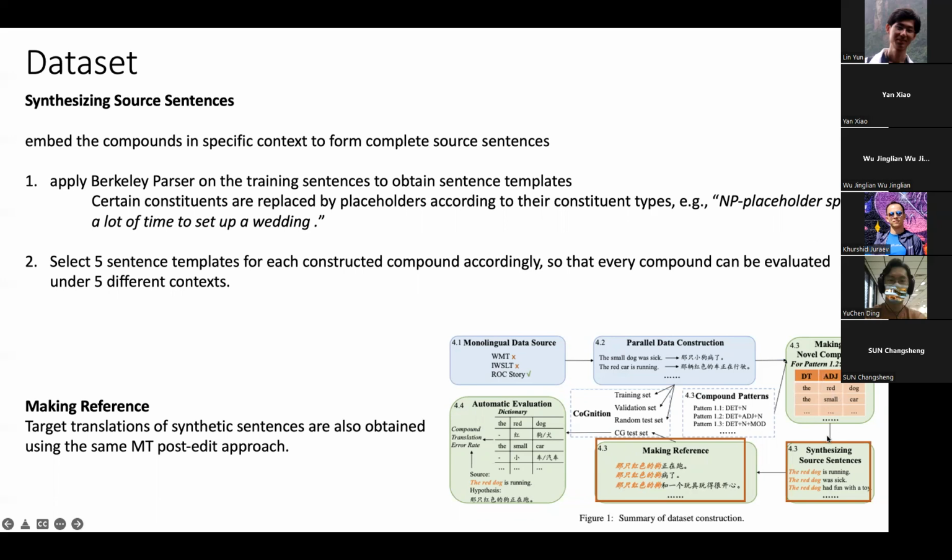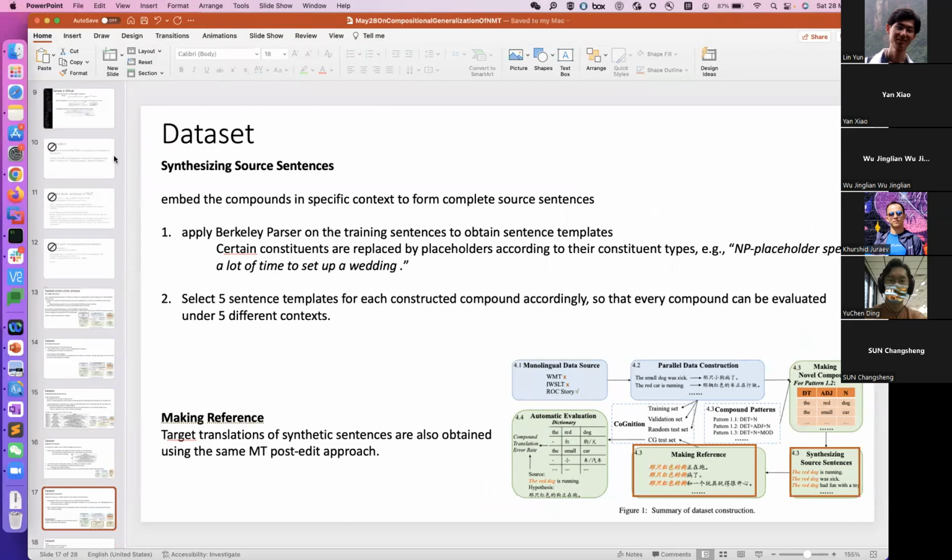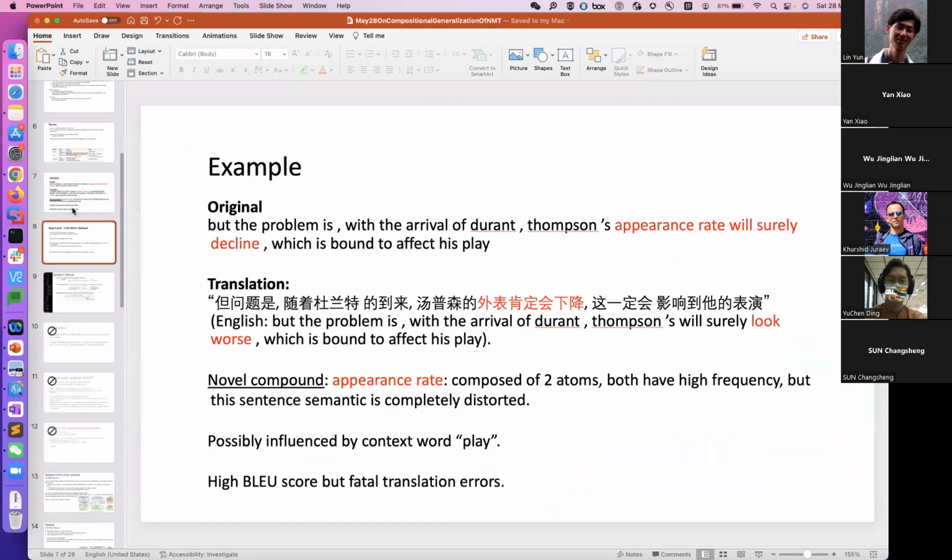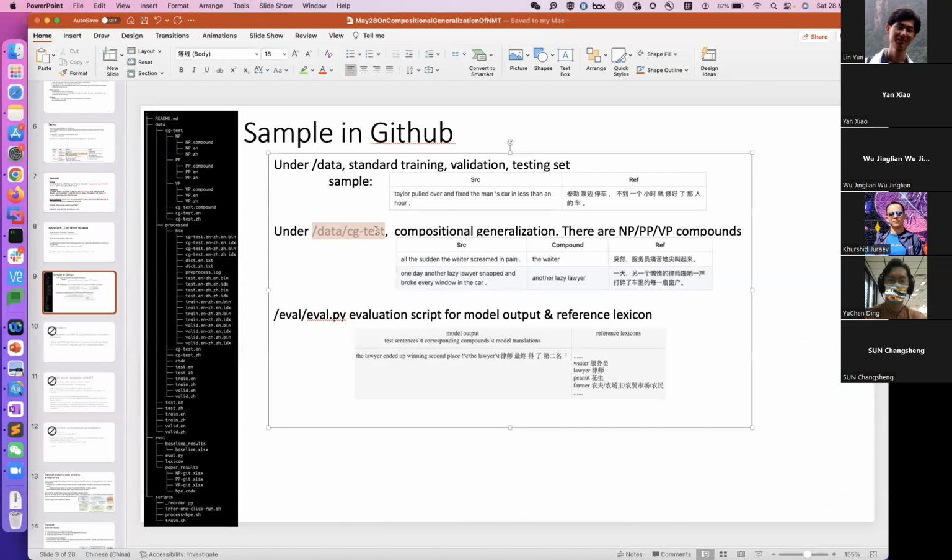You can see here the original real-world data are split into these three, but for this constructed data, they put it in this CG test. They are separate. What is CG test? The CG test is just like a special data set under this part.